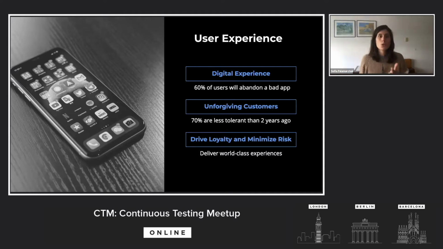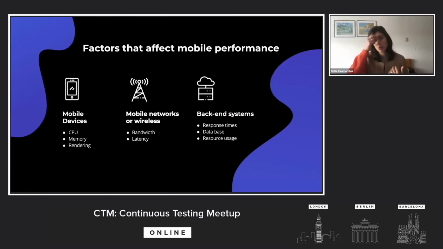So there's a huge opportunity for companies that are developing their customer acquisition through digital services, and specifically mobile apps, to drive loyalty if they provide the best experience to their users. That's what we're going to talk about today: how we can, through performance testing, identify improvements and optimize that experience for the user.